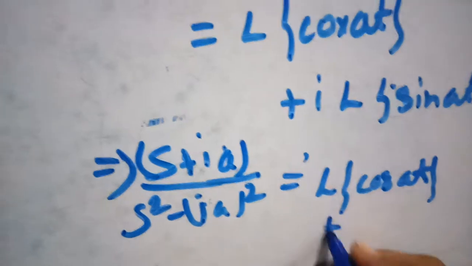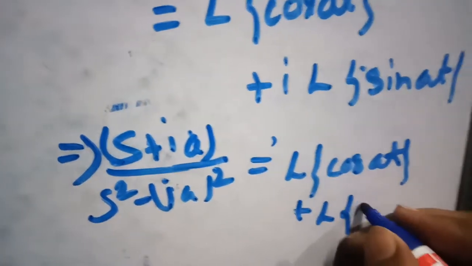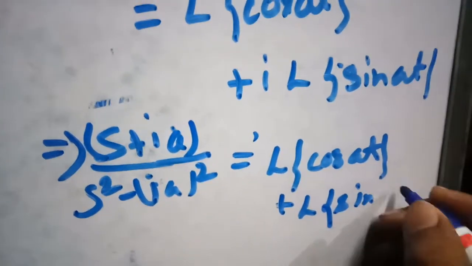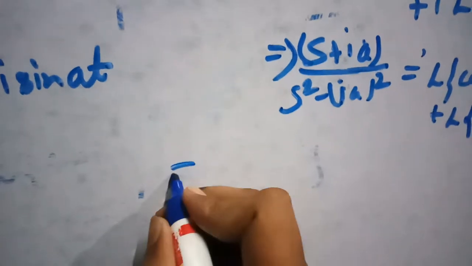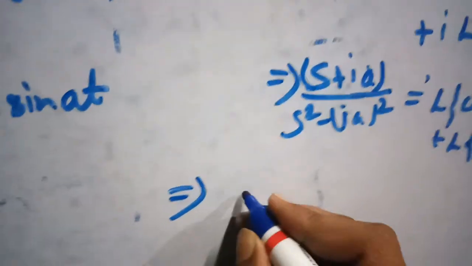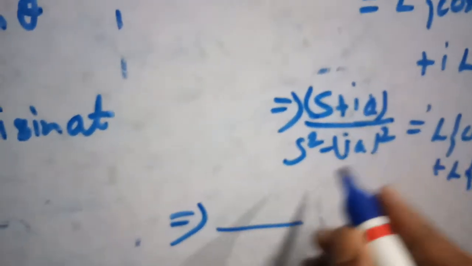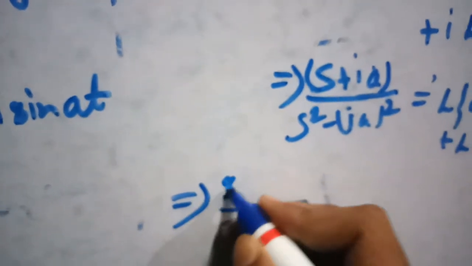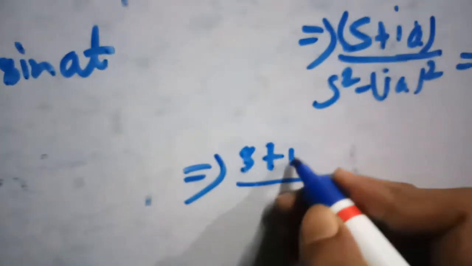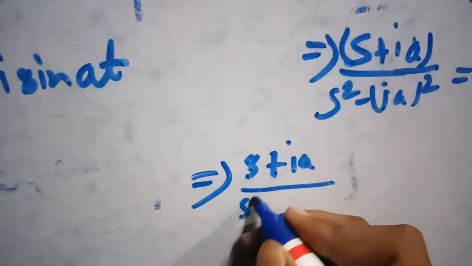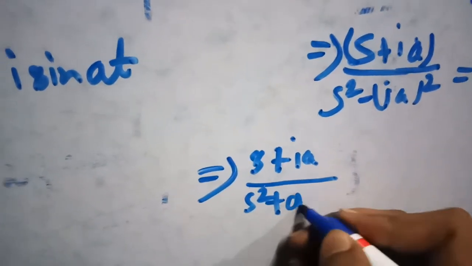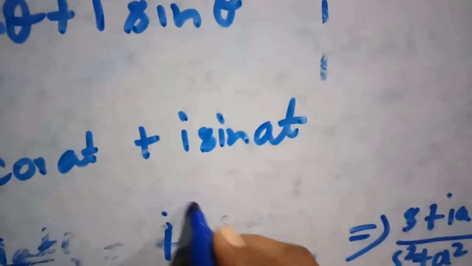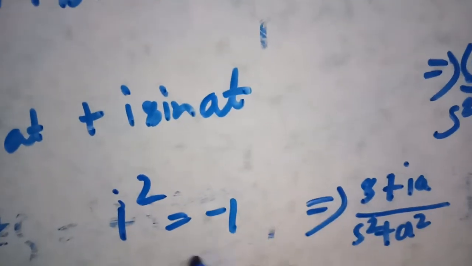So notice that I don't use the limits. If you use the limits to derive this Laplace transformation, it would be complicated. So by this I can write s plus i a by s square plus a square, because i square is, we all know, minus 1.